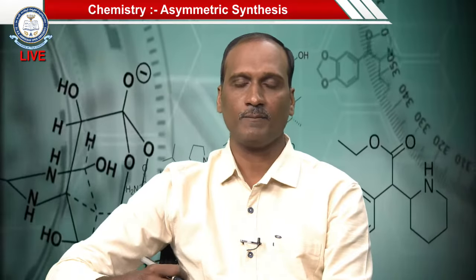Based on that, we classify the substrate as a prochiral molecule. After formation of the product, how that prochiral molecule is arranged at the prochiral center, that is pro-R, pro-S, or Re face, Si face for the faces. Based on that, we are conducting the reaction.